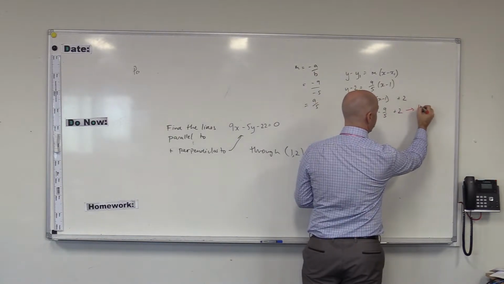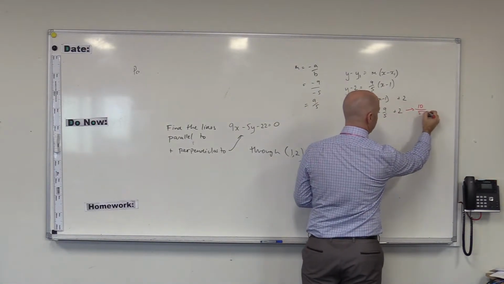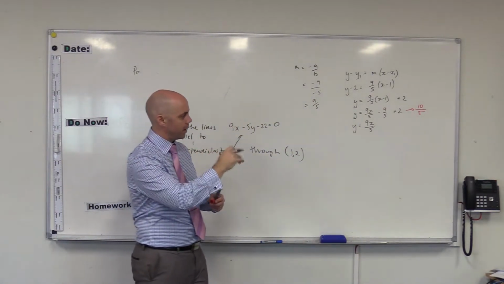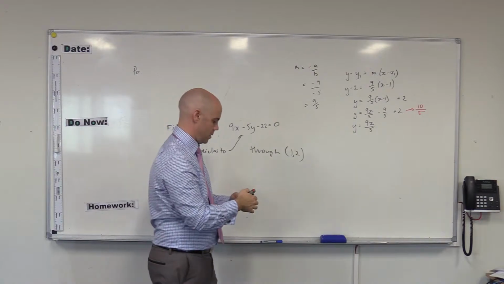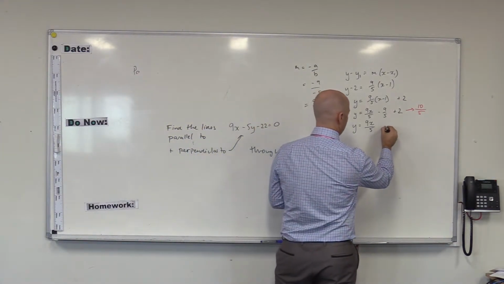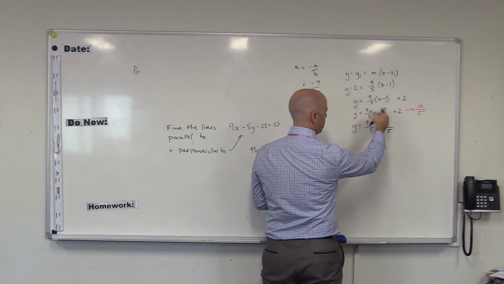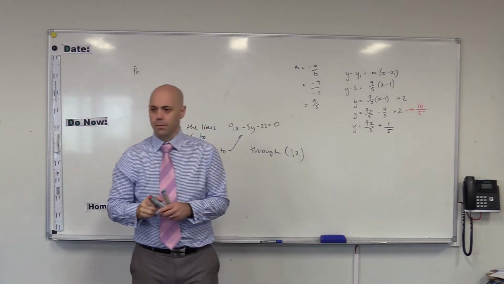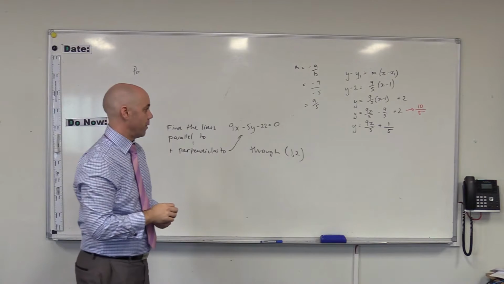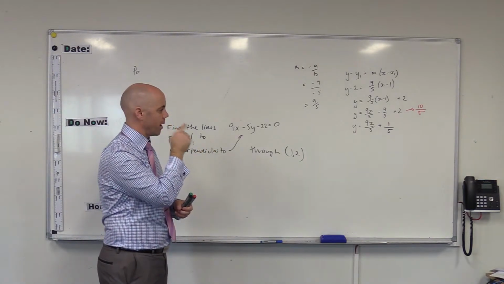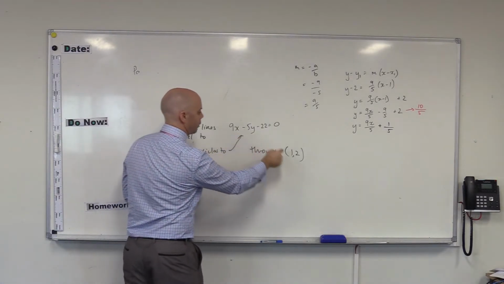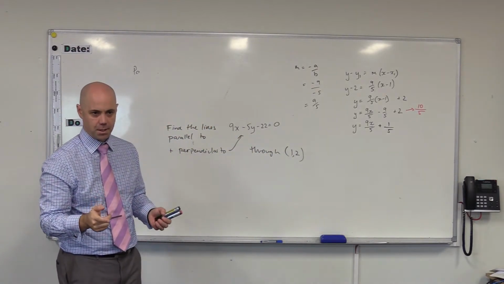Let's write that as an equivalent fraction, 10/5. So it's minus 9/5 plus 10/5. Over the denominator, minus 9 plus 10 is just plus 1, so plus 1/5. That's my gradient intercept form of the line that is parallel to this one through that point. Fantastic. Excellent.